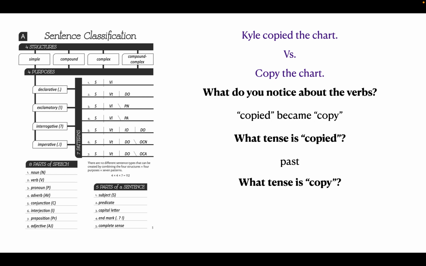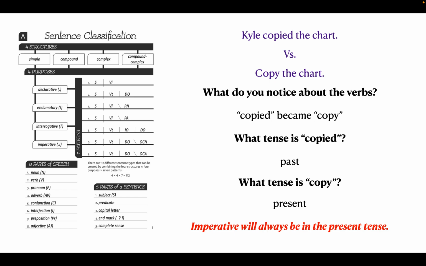And what tense is copy? It's present tense. So in imperative, verbs will always be in the present tense. So even if I say copy the chart tomorrow, the verb is still present tense. It just feels like it's future because I put tomorrow into the sentence.